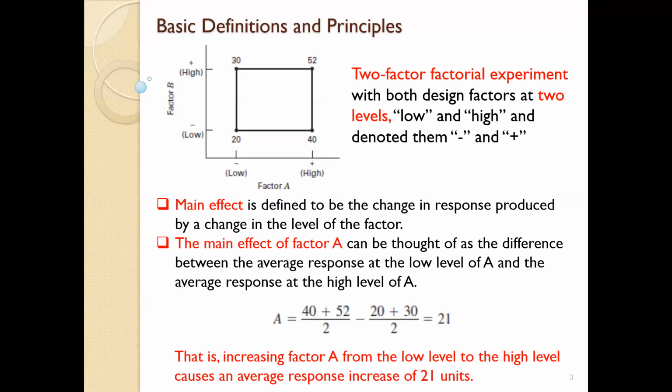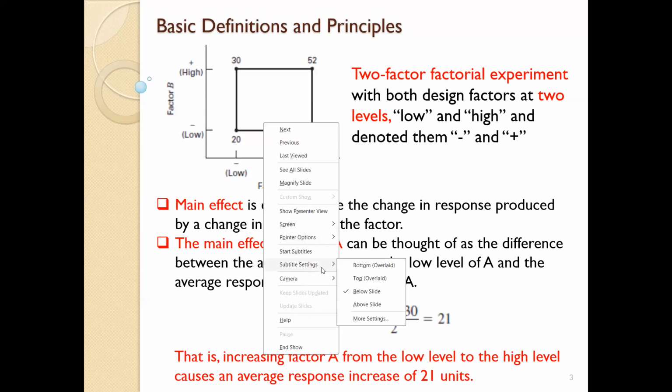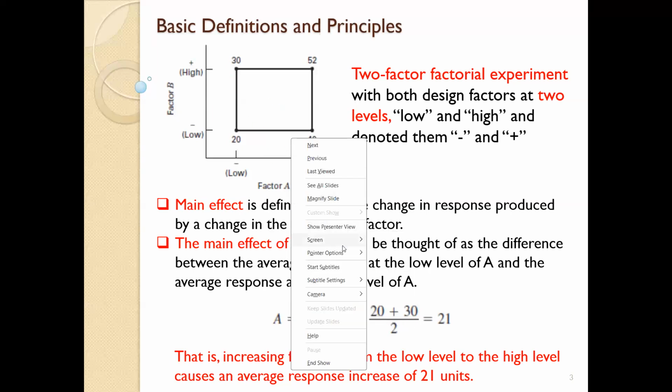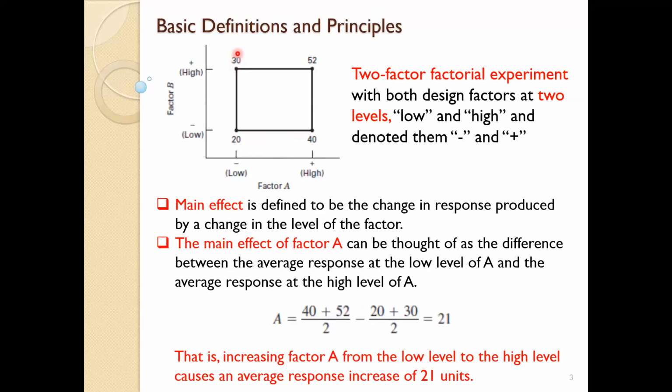The response at high level of B but low level of A is 30, for example. High level B response is 52. For high level A but low level B, it is 40.